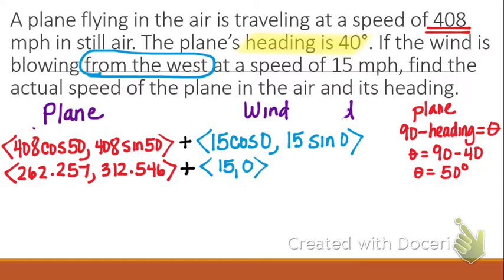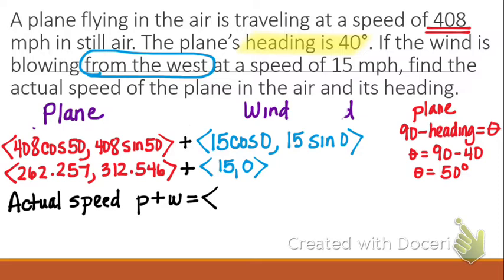So let's find the actual. So the actual speed is the plane plus the wind. So let's go ahead and add these two vectors together. So you're going to add the 262. So you're going to add your horizontal component, and then you're adding your vertical component.